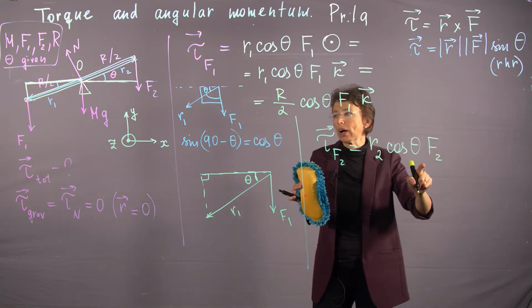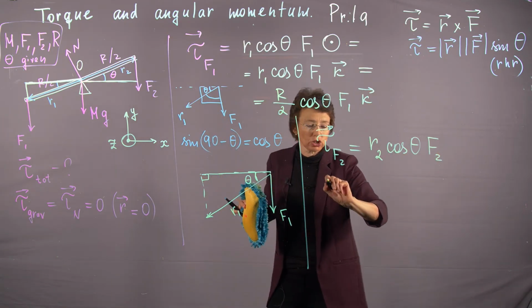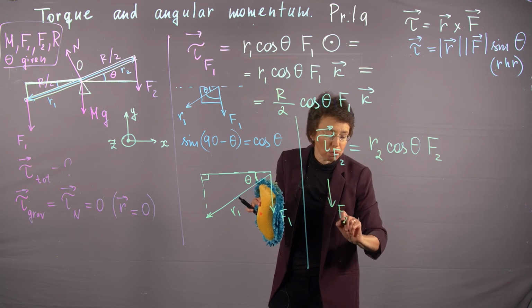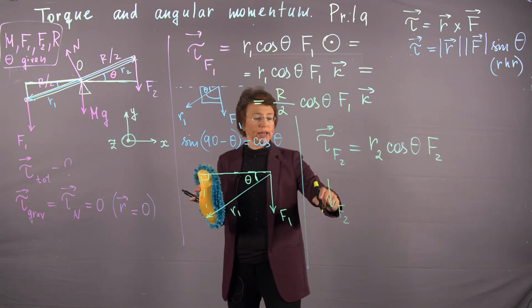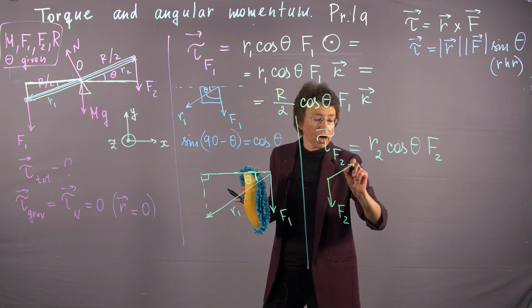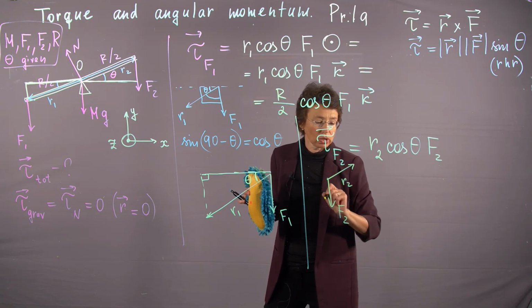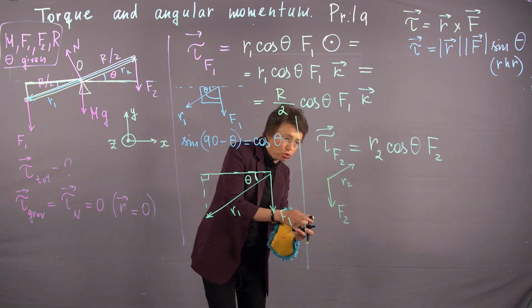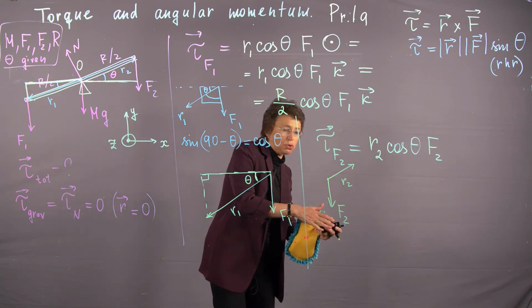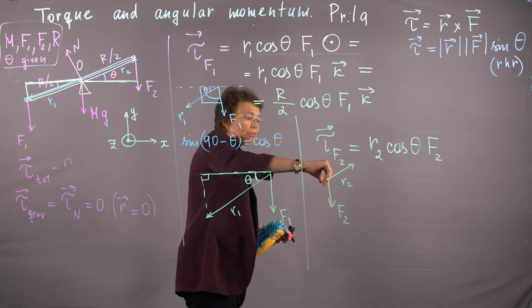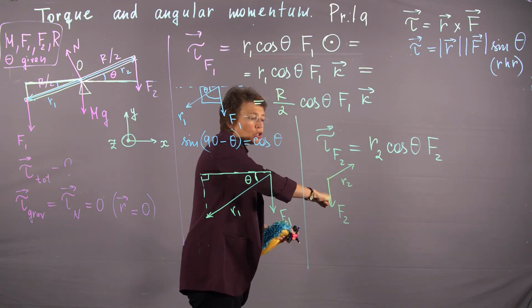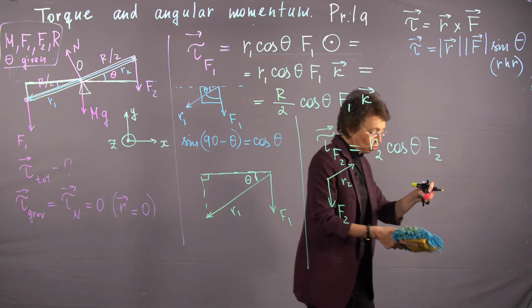I need to figure out the direction. To do that, I start these two vectors from the same point. This is F2, this is R2. From R2 to F, my thumb shows the direction into the page.